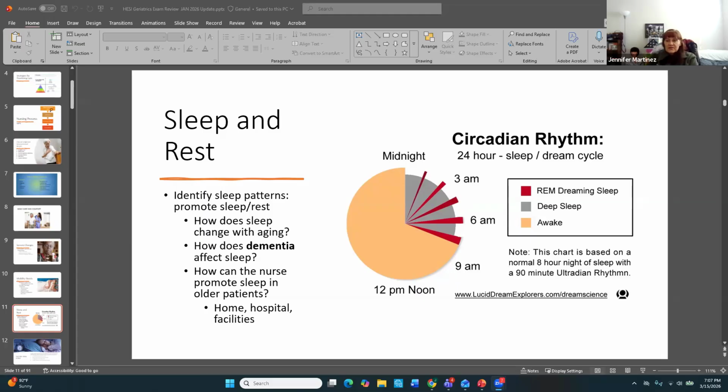Some patients with dementia will sleep more, others will sleep less. So when we look at how we can promote sleep in our older adults, right? Making sure that they're toileted, that they're clean and they're dry, that we're providing a nice, quiet environment for them, so that they can slow down, so that they can go to sleep.